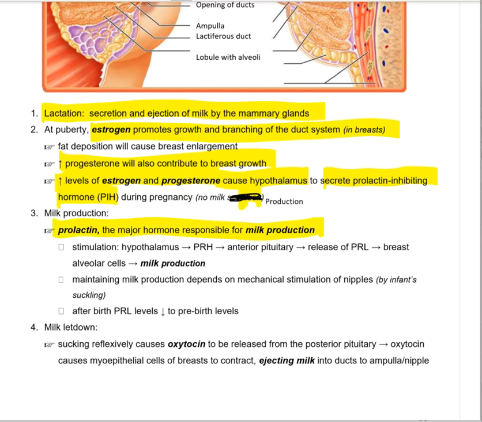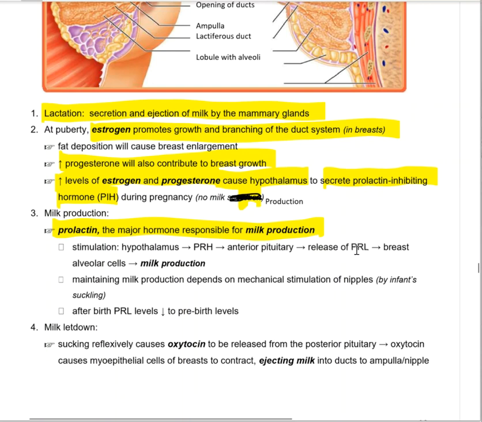So what happens, this is just a review, remember, we have stimulation. So let's say stimulation of the nipple by the infant. Messages go to the hypothalamus, which causes releasing hormone to be produced, prolactin releasing hormone. That travels through the portal system to the anterior pituitary.